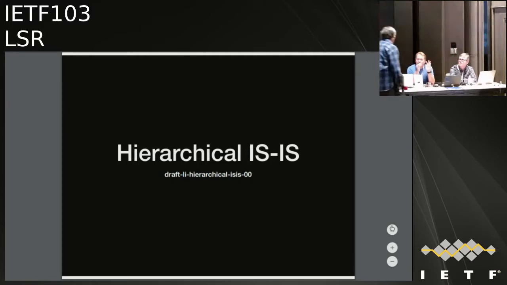Everything I knew about ISIS, and I've never implemented it. So. Okay. I wanted to make sure I had the details right before I thought about it.